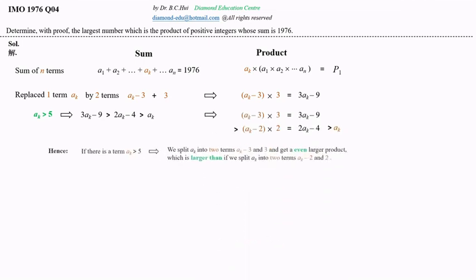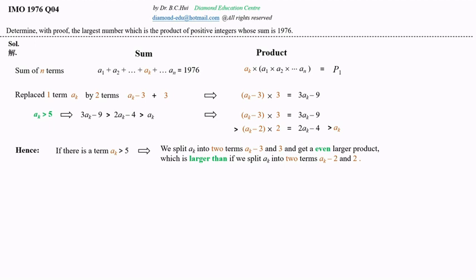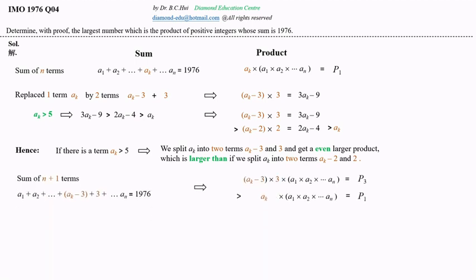So this would give us an even larger product, since (ak minus 3) times 3 is larger than (ak minus 2) times 2. So this value, we call it P3, is larger than P2 or P1. We indeed get an even larger product.